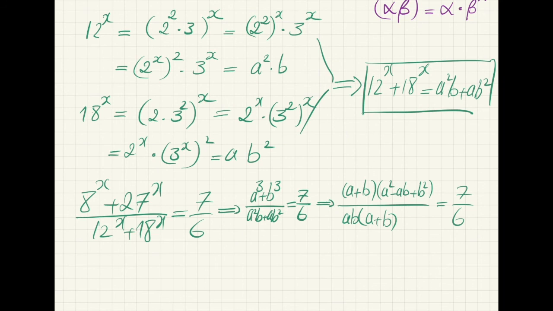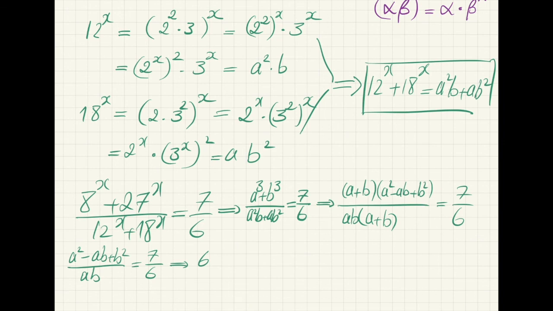So what I do here now, I can see that this factor and that factor can be cancelled. So what is left for me in the numerator is a squared minus ab plus b squared, divided by ab. And this is equal to 7 over 6. So by cross multiplication, I will multiply 6 by that, and then I will multiply 7 by this.